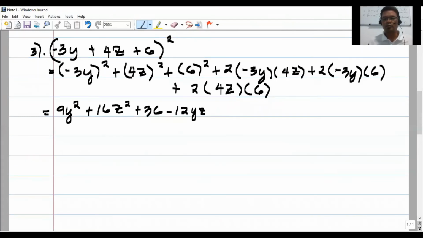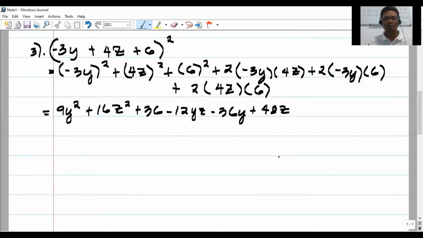And then 2 times negative 3y times 6 is negative 36y. And finally, we have 2 times 4z, 8z times 6 is positive 48z. Okay? So that is our final answer as product of the square of a trinomial.